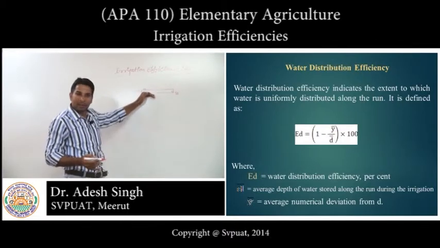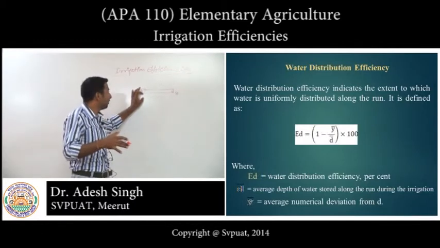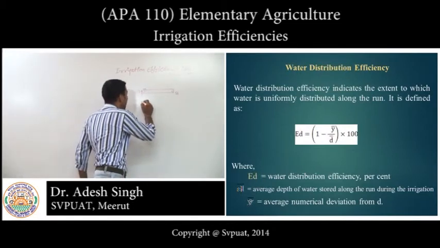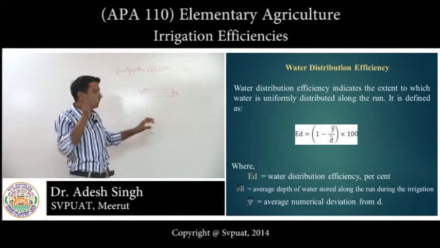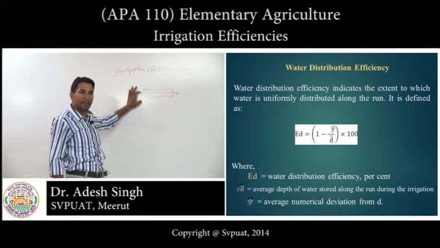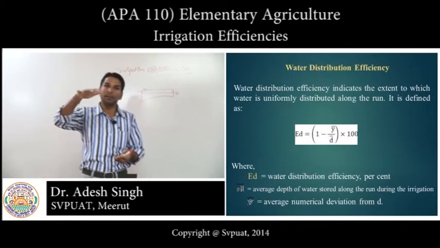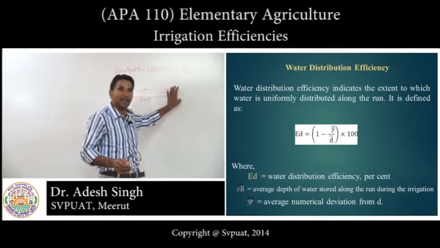So according to the textural classes, the saturation at this point is not equal to this point. Or you can say the wetting curve is like this: the surface near the upper reach is more wetted, or you can say the wetness goes up to a greater depth as compared to the tail end.